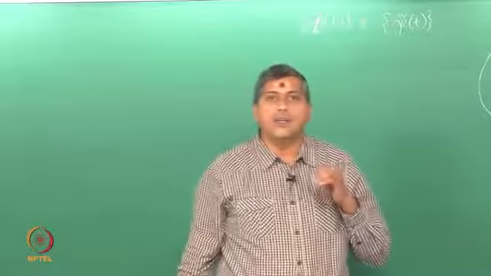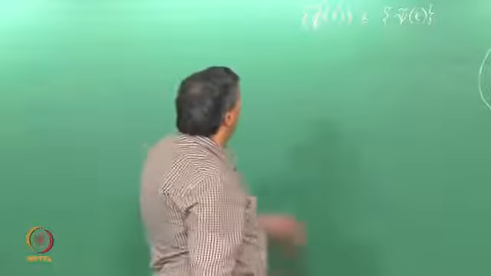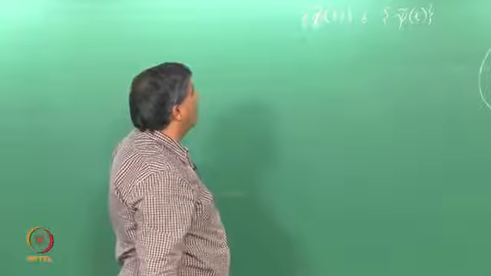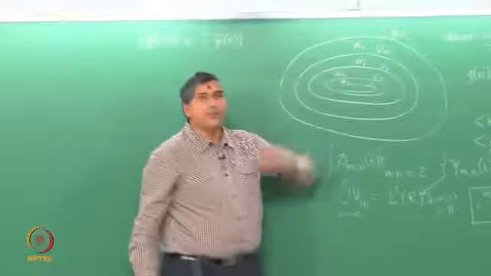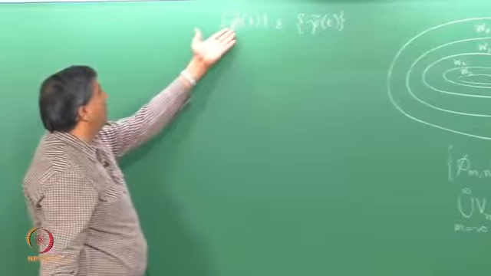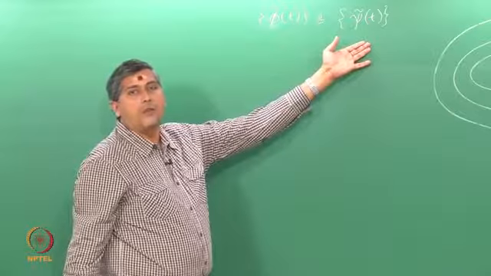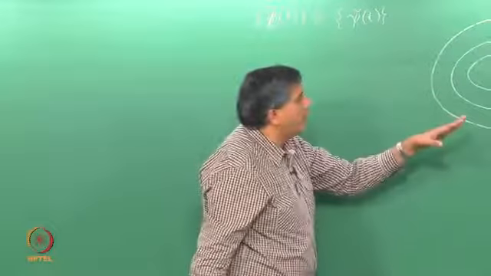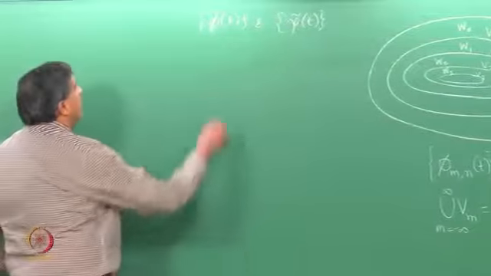I can use a different synthesis function that is different from the analyzing function. Likewise, here I can use a scaling function for synthesis that is different from the analysis function. Now, just as we developed this entire theory based on phi of t and psi of t, I can also have approximation spaces based on phi tilde of t and detail spaces based on psi tilde of t. They are essentially duals. So, it is not that only phi of t and psi of t can generate these spaces, they are also capable of generating these spaces.